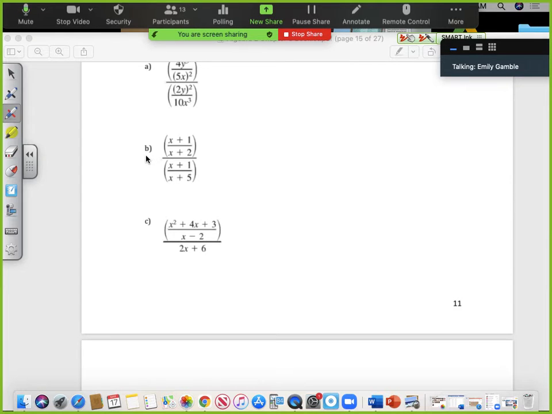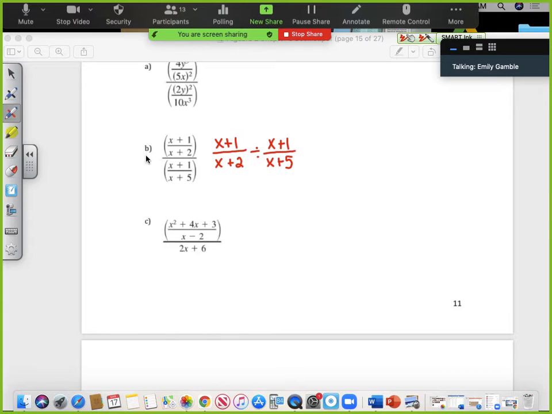Rewrite it horizontally as a division problem. So take 1 minute to do that.